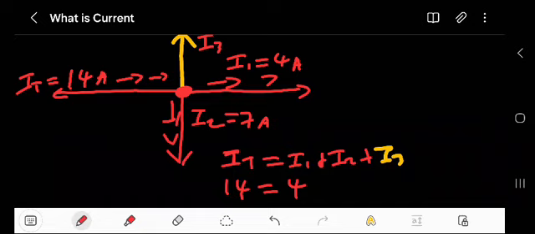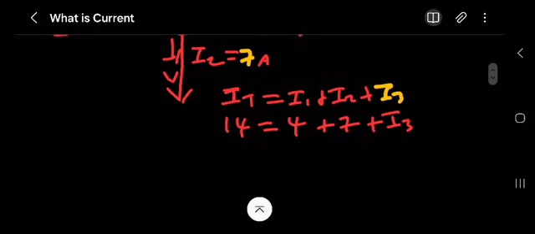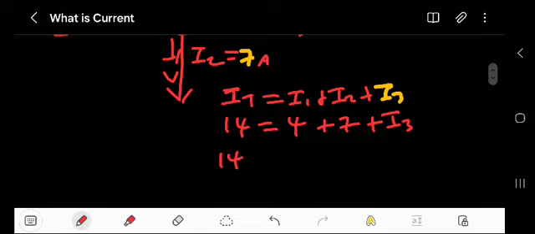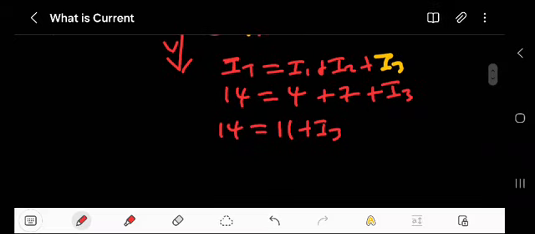Then plus I2 is 7 here. What about I3? Then you use your math: 14 equals 7 plus 4, which is 11, plus I3. What will be I3? You take that to the other side, it will be 14 minus 11.